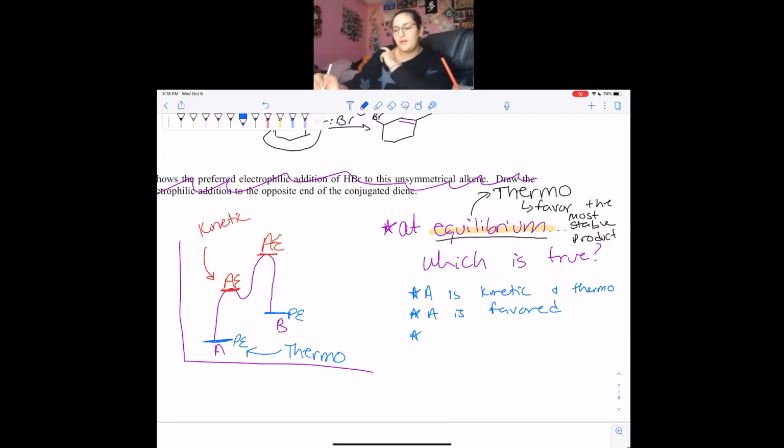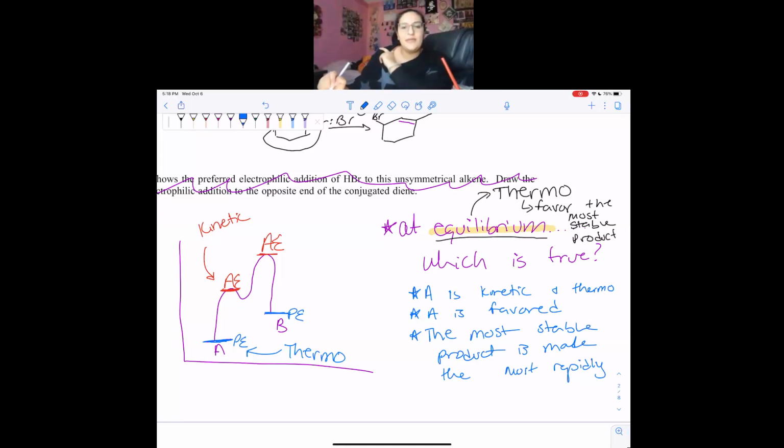And we can also say that the most stable product is made the most rapidly.